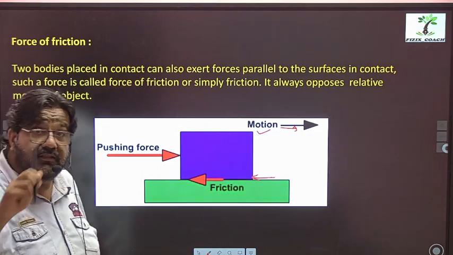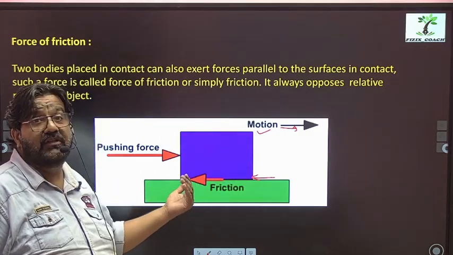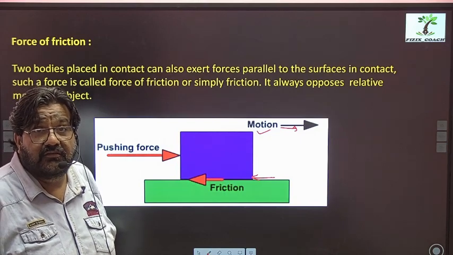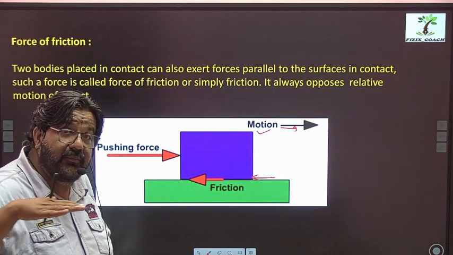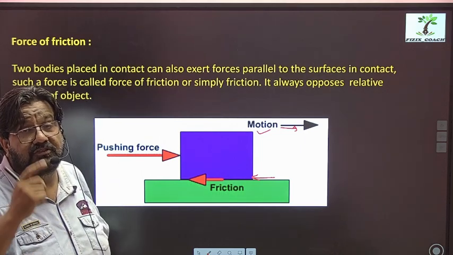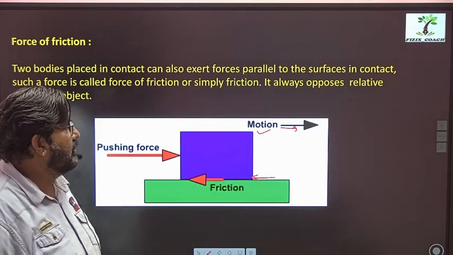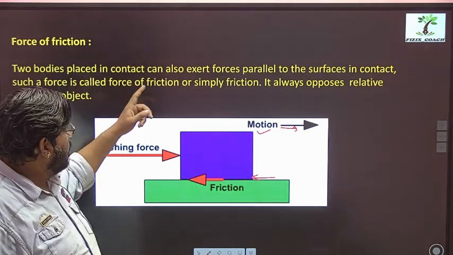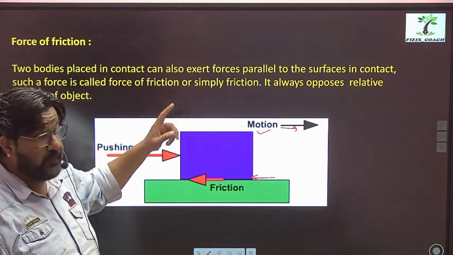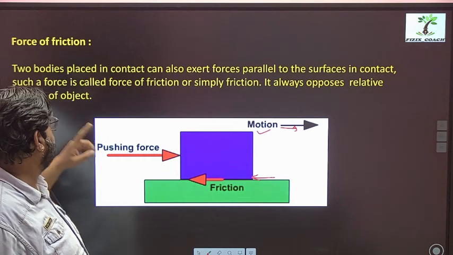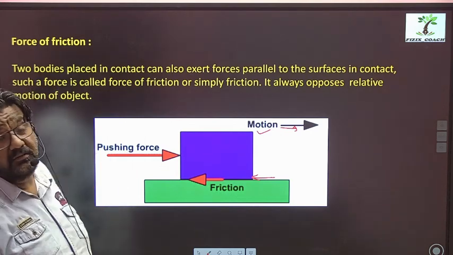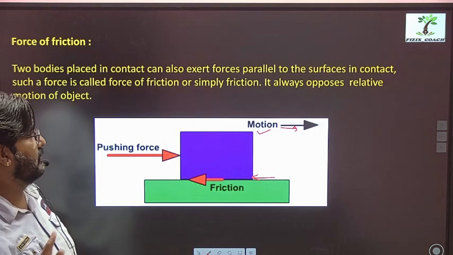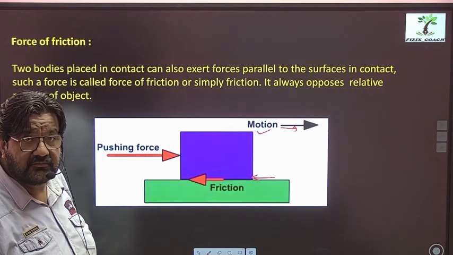This force which opposes the motion and comes into action when these two objects are in contact, and is always parallel to the surface, is called force of friction. So what you need to remember: two bodies placed in contact also exert force parallel to the surface in contact. Such force is called friction force, and it always opposes the motion. Is it clear? Very good.